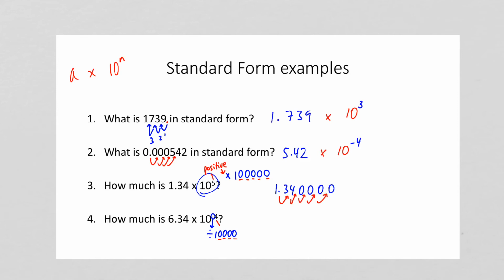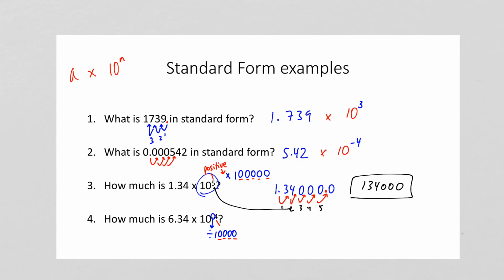So we're going to move the decimal place to here. We've got 1, 2, 3, 4, 5, which is the same as the number that was there. So now we have 134,000 as your answer. You could also just multiply 1.34 by 100,000 and you would get the same thing.